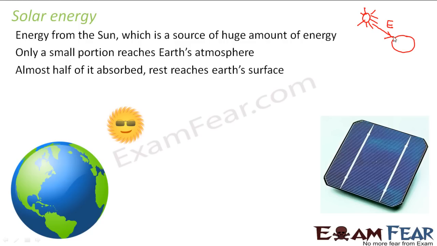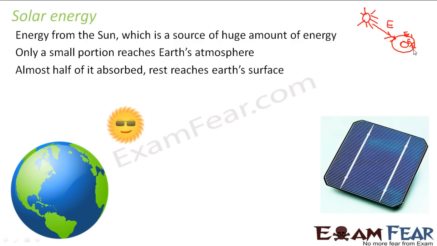The amount of energy which reaches the Earth's atmosphere is E1, which is a small amount of E. Again, half of E1 is absorbed by the atmosphere, and this is the surface of the Earth. So the amount which comes here is only E1 by 2. So only a very small portion of the total energy of the sun actually reaches the surface of the Earth.